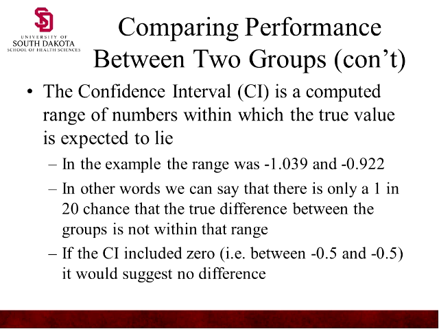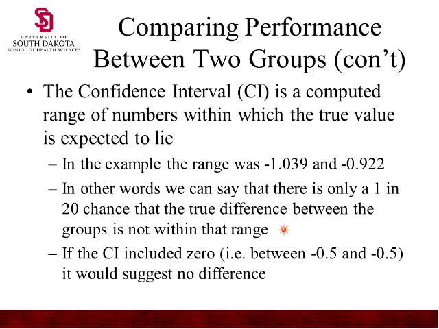Now, when you compare performance between two groups, we can sometimes use what's called the confidence interval, and that's when we compute a range of numbers between which the true value is expected to lie. In our example, we had that range of minus 1.039 to minus 0.922. In other words, we could say that there's only a 1 in 20 chance that the true difference between the groups is not within the range.